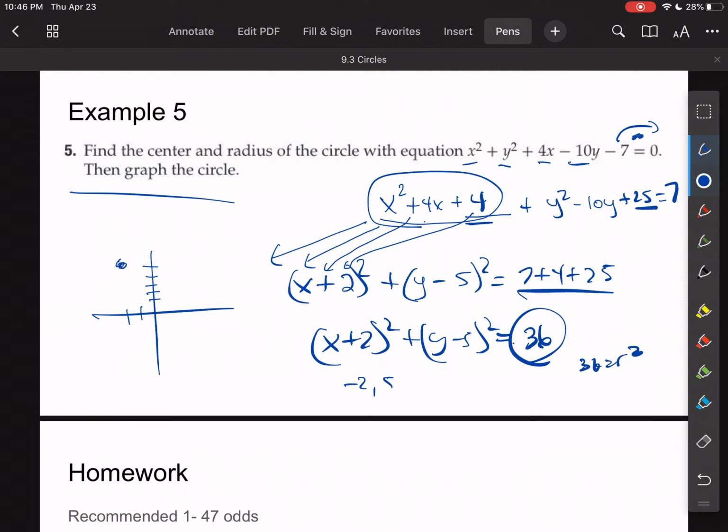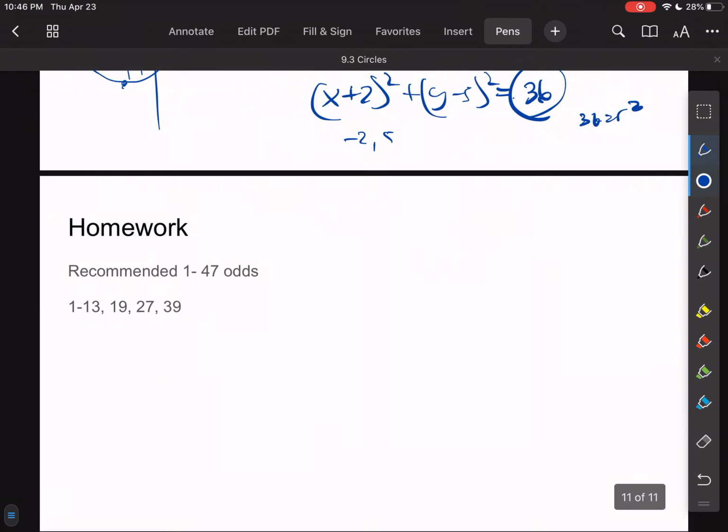So -2, 5 is center, radius is 6, so we'd have to go 1, 2, 3, 4, 5, 6 in that direction, 6 in that direction, 6 in that direction, 6 in this direction, and that's how we would get our circle and graph it. Okay, that's not perfect, but just to keep the video short, I'm just going to kind of estimate that, but that's how I would do it.